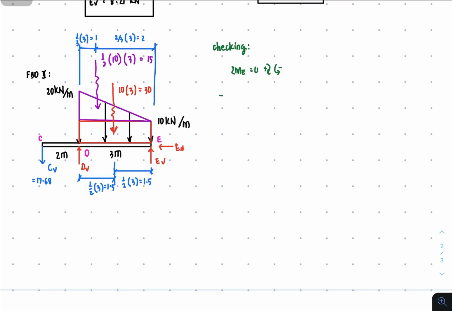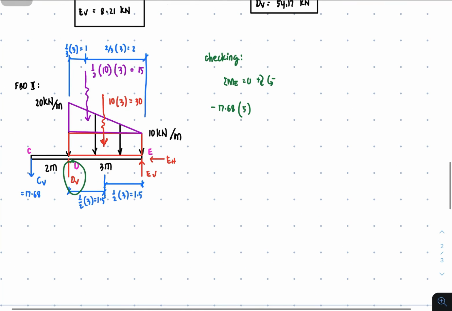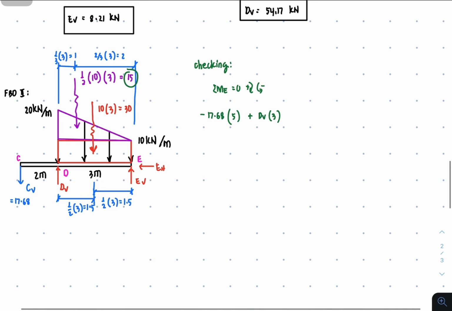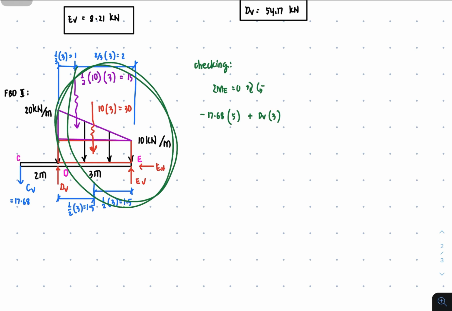So it's negative 17.68 times the moment arm, which is 5, because the distance of point C from point E is 5 meters. And then DV, it's upward, and upward influence is clockwise rotation. So it's plus DV times the distance, 3 meters. And then 15, it's downward, and it's going to rotate about point E counterclockwise. So that's negative 15 times the moment arm, 2 meters.